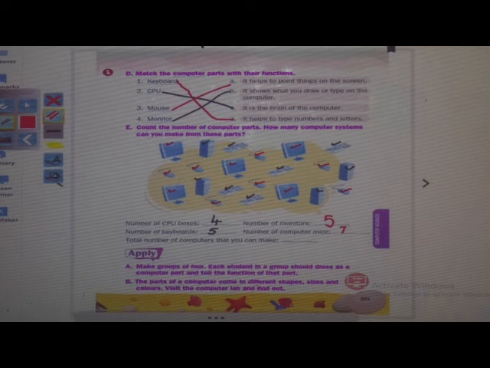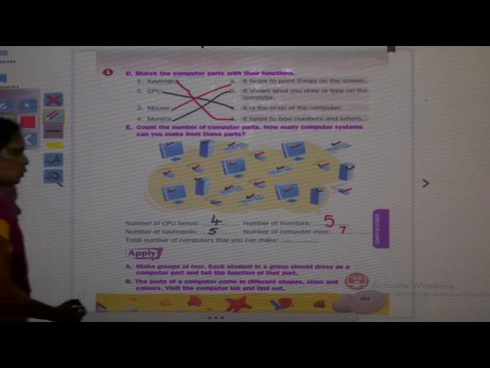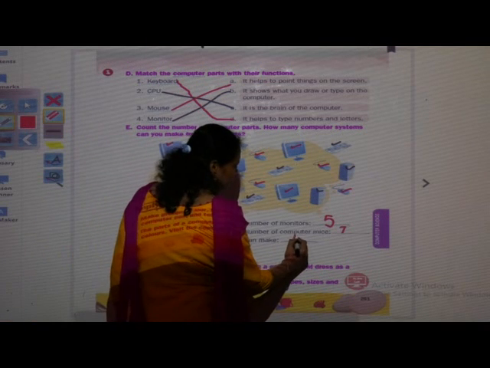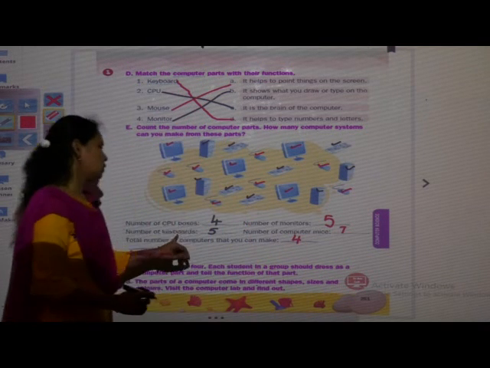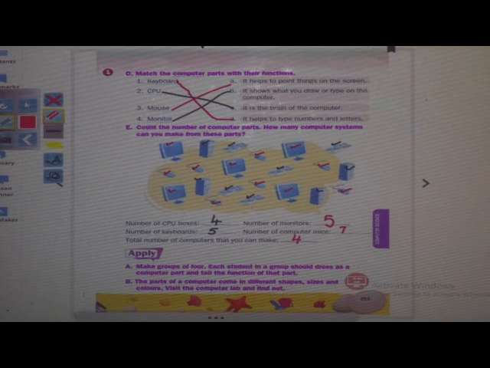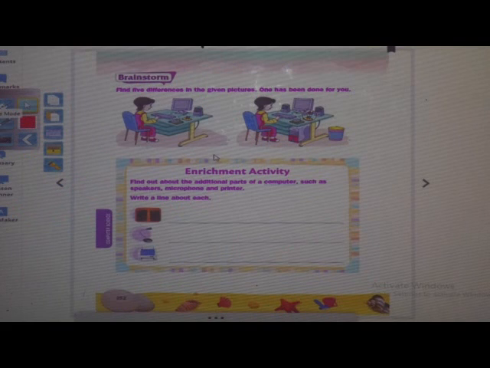Yes, the main thing, CPU. How many CPU are there? 4. So, how many computers can you make? Only 4. Very good, students. If CPU is not there, you cannot make a computer. Done? This will be your homework.